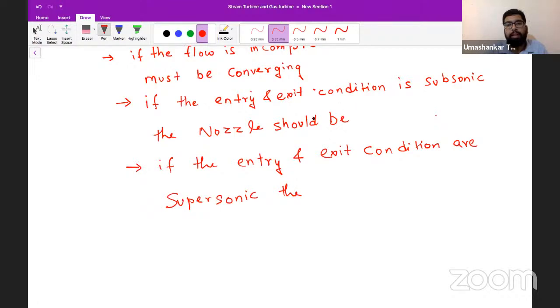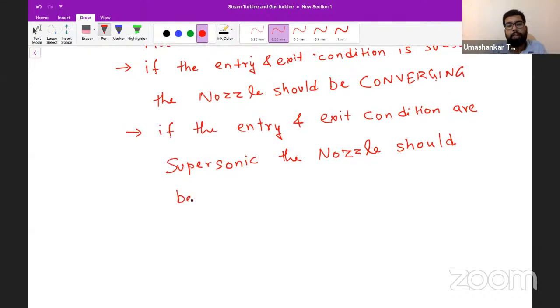If the entry and exit condition is subsonic, the nozzle should be converging, because it is a subsonic thing. So we have seen it must be converging. And if the entry and exit condition are supersonic, the nozzle should be diverging.